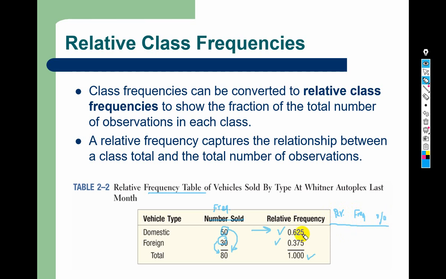So now the first value of the relative frequency, 0.625, just times 100, that equal 62.5%. And the second value, 37.5%. The sum of these two values now give you 100%. And of course, because 1 times 100 will give you 100%. So that's the percent frequency.